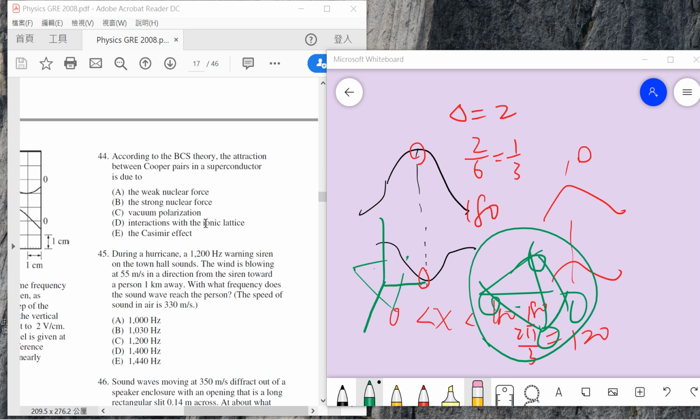There is a hurricane and a 120 hertz siren on the town hall. The wind is blowing 50 meters per second in the direction from the siren to another person 1 km away. What frequency does the person hear? This is the sound Doppler effect.